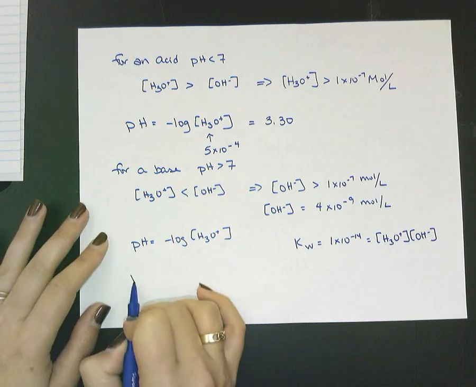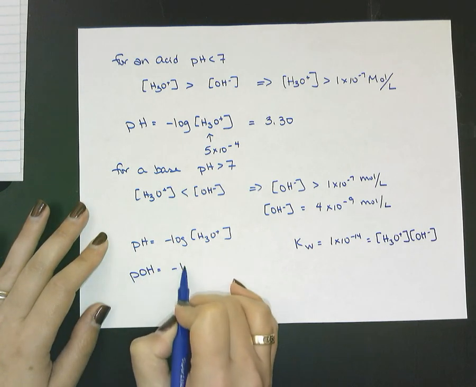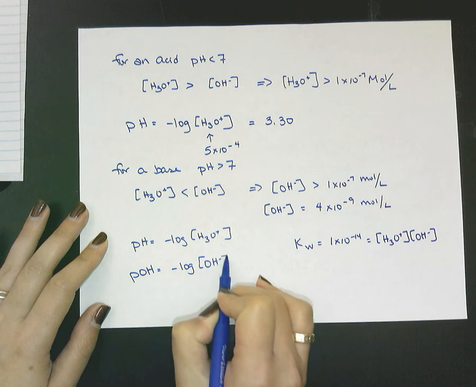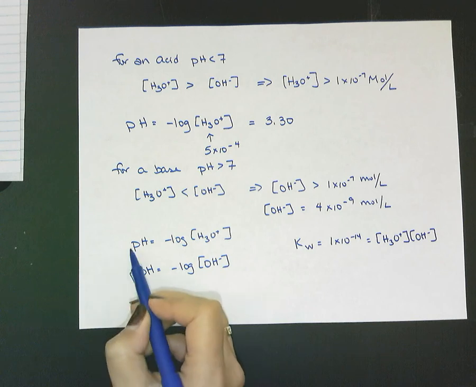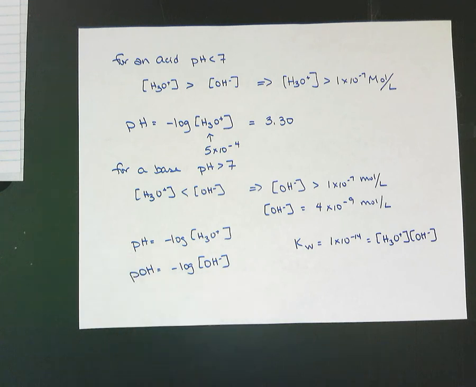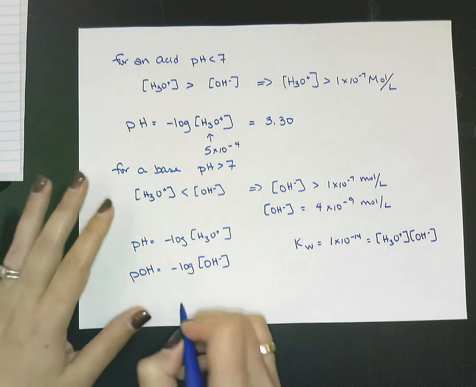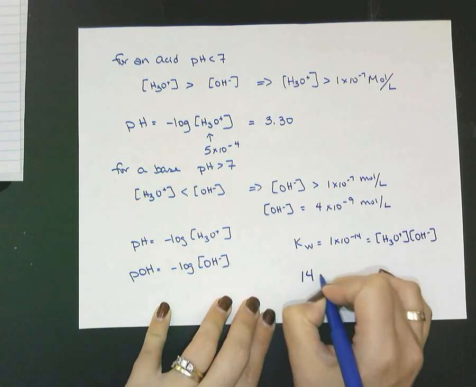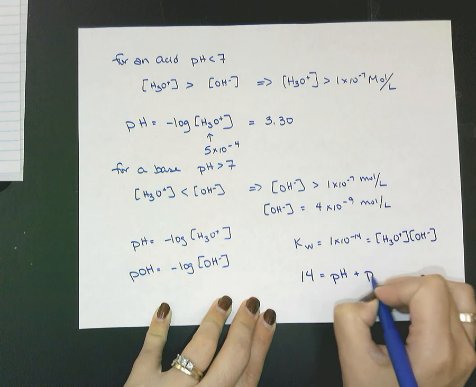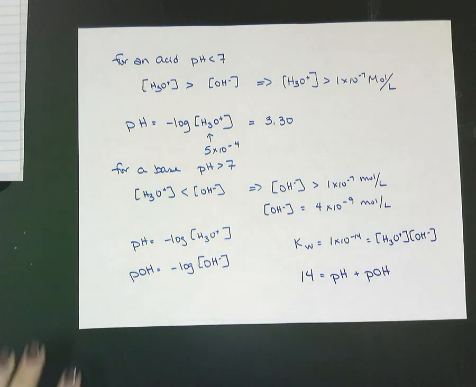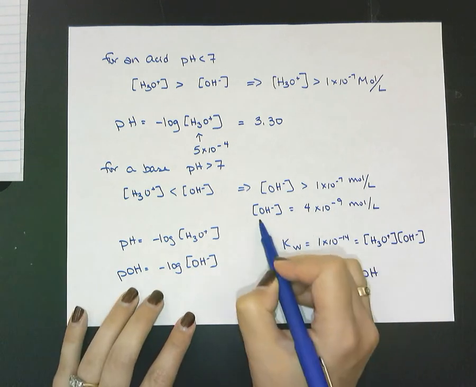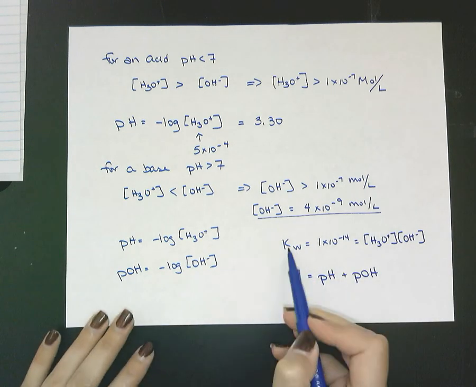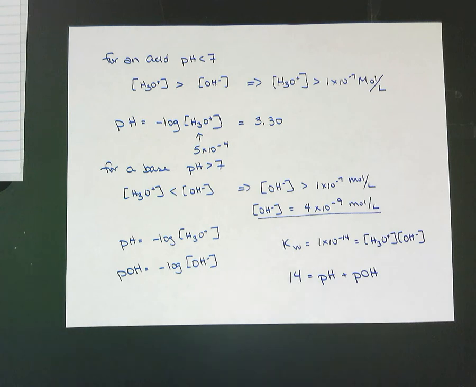The other way would be to use our pOH, but how would I get from pOH to pH? How are they related? They should equal 14. So go ahead and do it either way you want. This is my hydronium concentration. You can do way 1 or way 2. They're a similar amount of work.